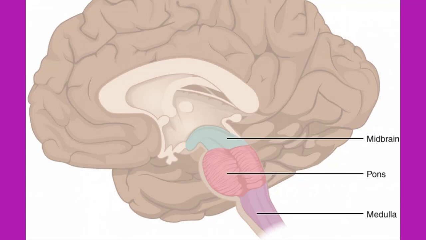The midbrain and hindbrain, composed of the pons and the medulla, are collectively referred to as the brainstem. The structure emerges from the ventral surface of the forebrain as a tapering cone that connects the brain to the spinal cord. Attached to the brainstem, but considered a separate region of the adult brain, is the cerebellum.